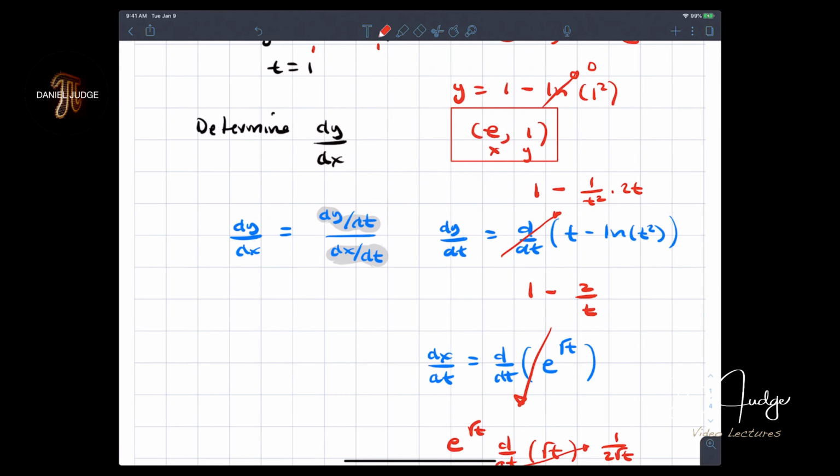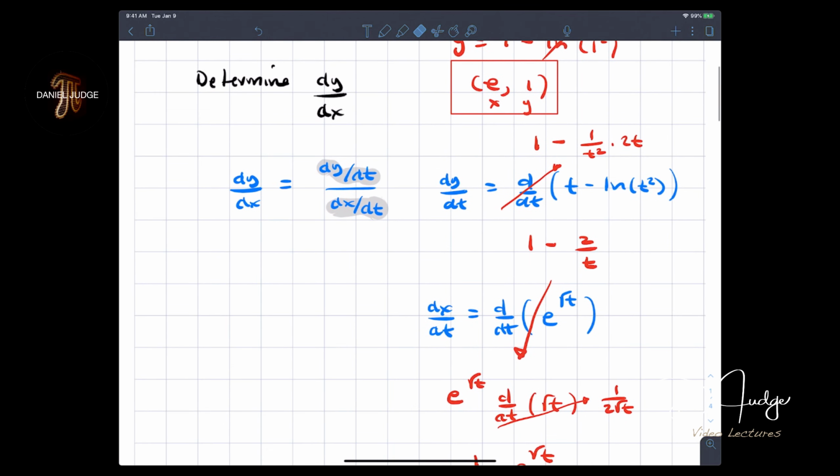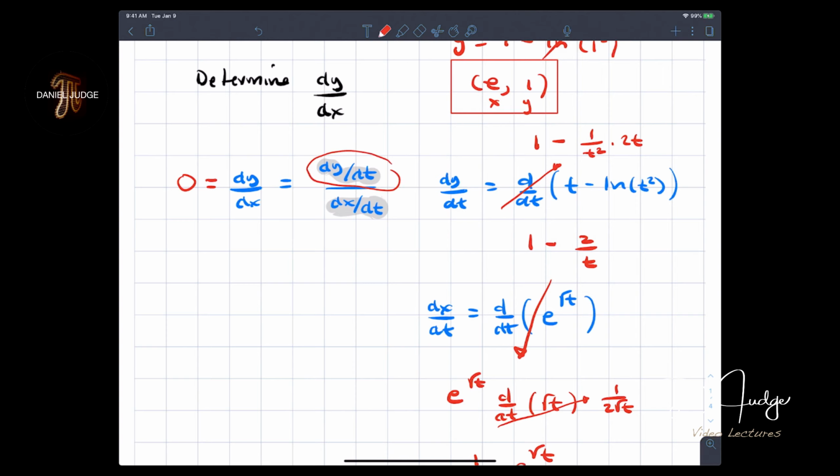When is a fraction ever 0? A fraction is 0 only when my numerator is 0, but the denominator can't be 0. So to have a horizontal tangent, dy/dt must be 0, but dx/dt can't be 0. You can't have 0 over 0.